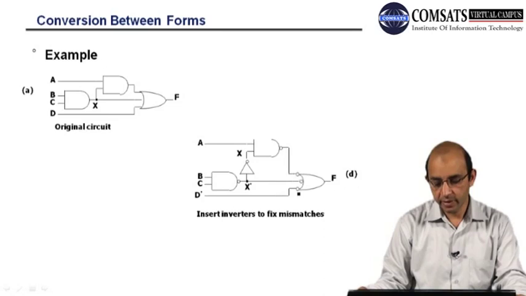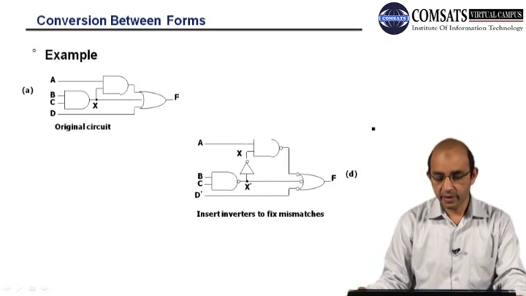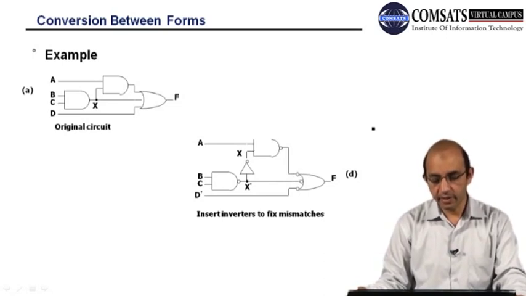And this is the bubble that is externally controlled or handled. So these two bubbles have to cancel each other, and those two bubbles also have to cancel each other, right?